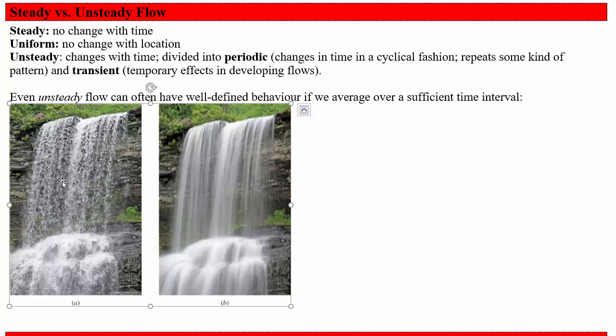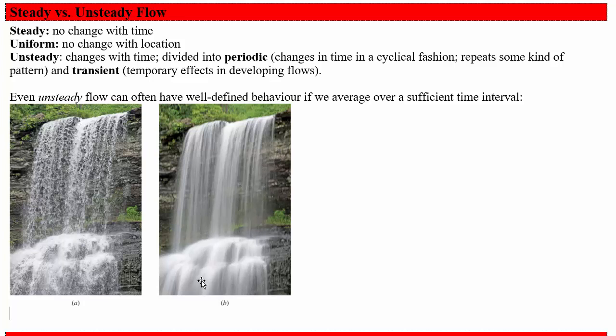Here's an example of a waterfall. Hamilton, where McMaster is, is the waterfall capital of the world. So go and check out some of those while you're here if you haven't had a chance to do that yet. And here is a version of the same picture, but with a longer camera exposure time. And you see it looks a lot more predictable.